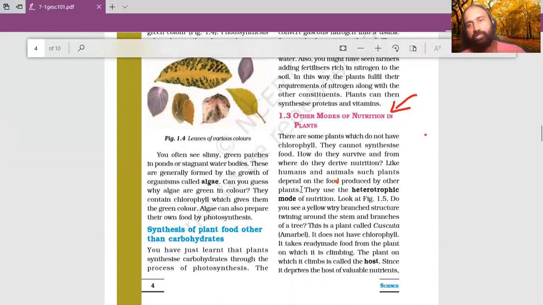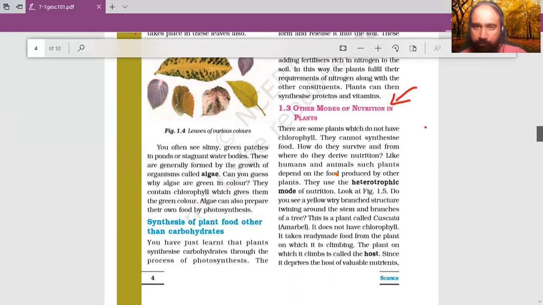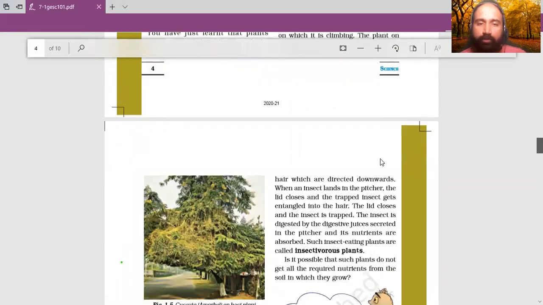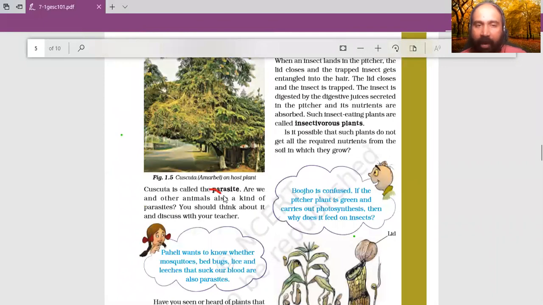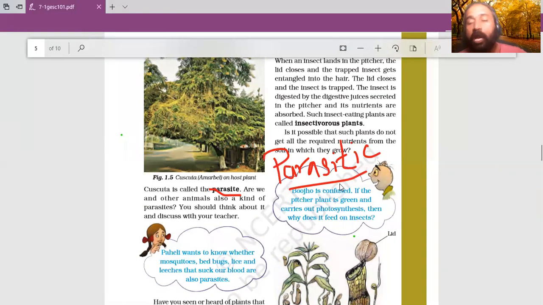Other modes of nutrition. Below it, you write down number one, parasitic mode of nutrition. So you write down the spelling: parasitic mode of nutrition.